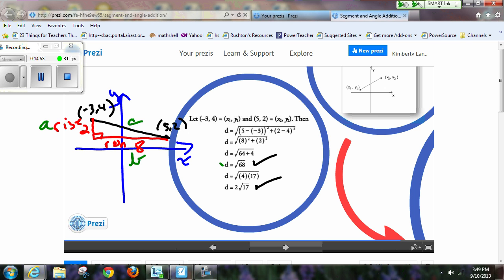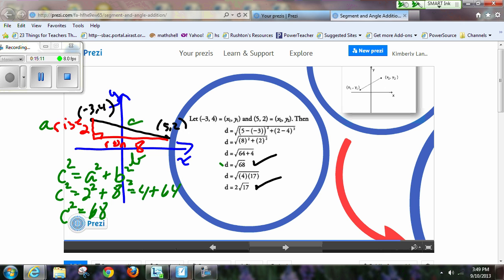And so we apply the Pythagorean theorem that c squared equals a squared plus b squared. We substitute in for A. A is 2 squared plus B. We substitute 8 in as squared. Here we get 4 plus 64. So C squared equals 68. Then we have to take the square root of that.